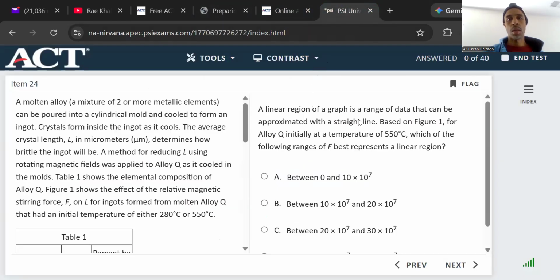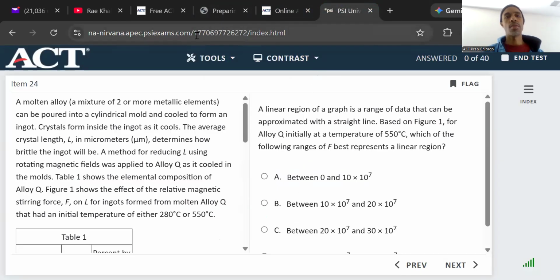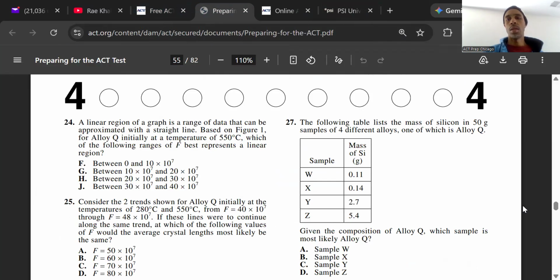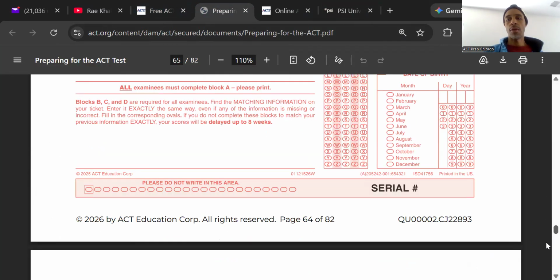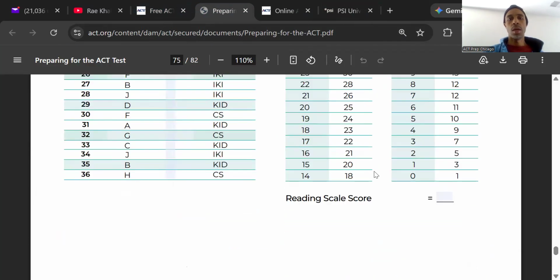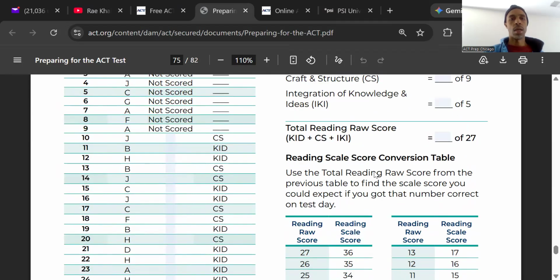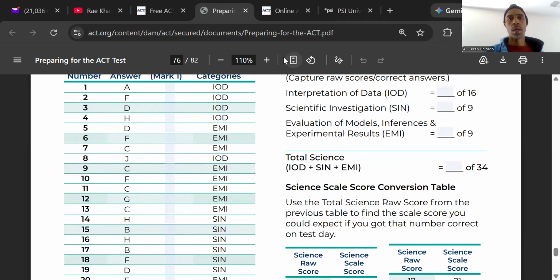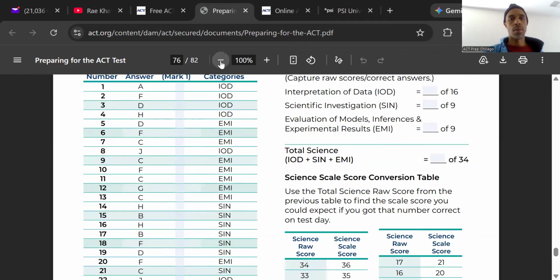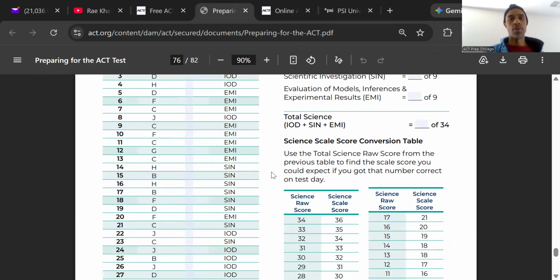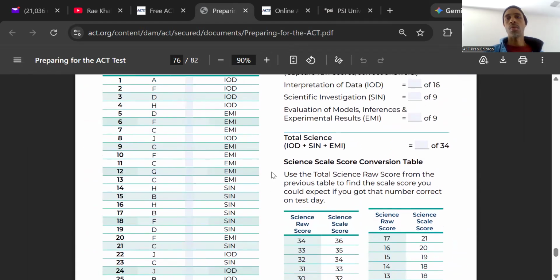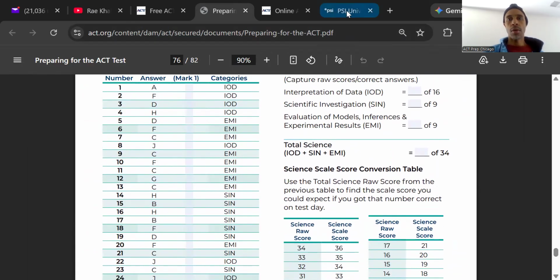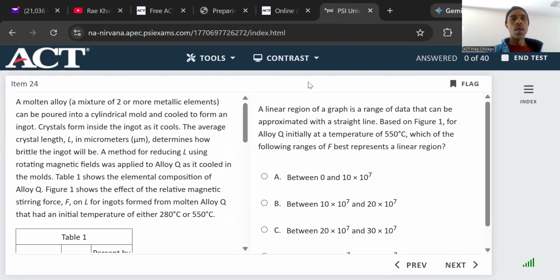But if I load the PDF too, I'm able to see the answer key. So if I have to check an answer for whatever reason, like we're not 100% sure, I can go back here and check these answers. All right, without further ado, let's begin.